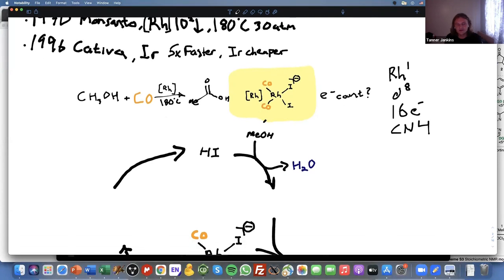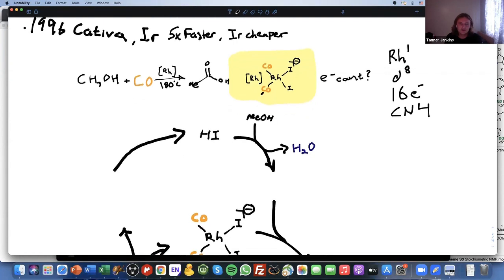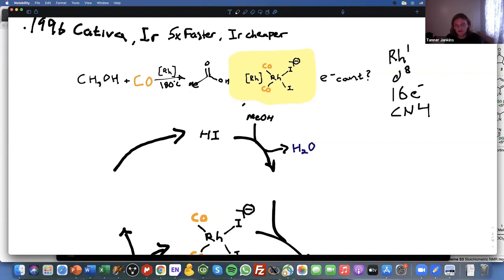Okay, and so these simple rhodium catalysts actually perform quite well and have been studied with a great deal of mechanistic detail. And so in this sort of witch's brew, in addition to methanol and CO, you typically will also have an iodine promoter, which is added in the form of elemental iodine or iodine salts, such as lithium iodide.